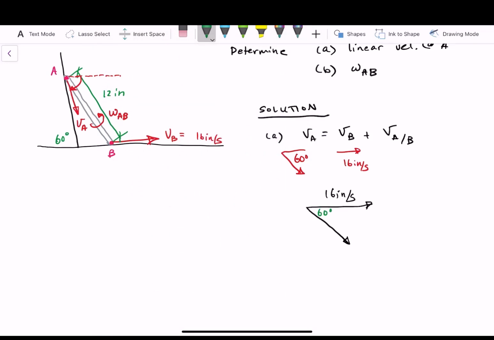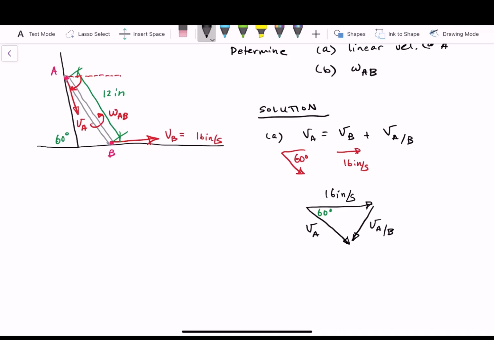So this would be VA. Now we know that VA with respect to B must be in between, and since we're adding it to VB, it must go down in that direction. So this would be VA with respect to B. We just don't have any other information yet, so we're going to need to try to solve for that.